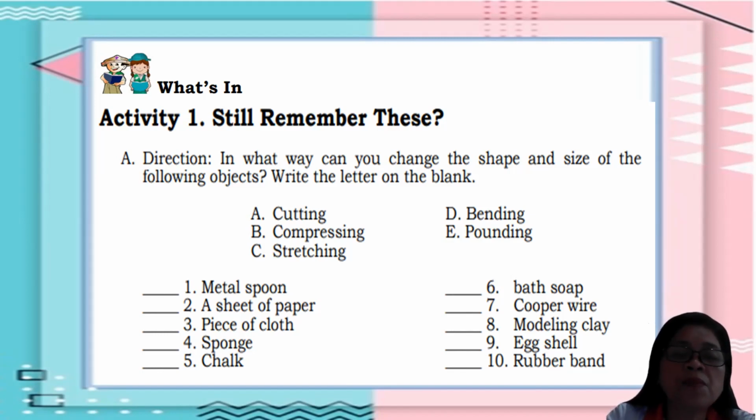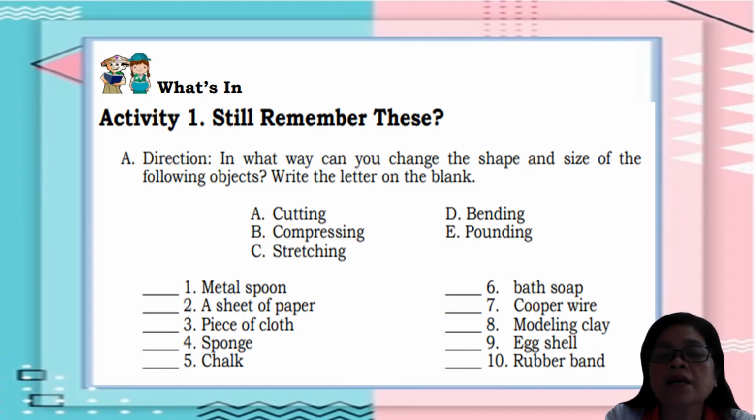For number 3, piece of cloth. All right. Very good. The answer is A, again, by cutting. Number 4, sponge. All right. Correct. The answer is letter B, compressing. Number 5, chalk. All right. Okay, the answer is letter E, pounding.